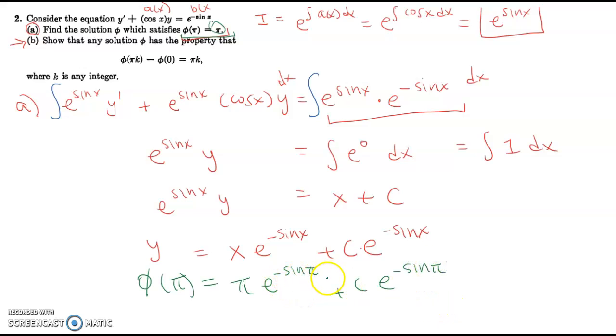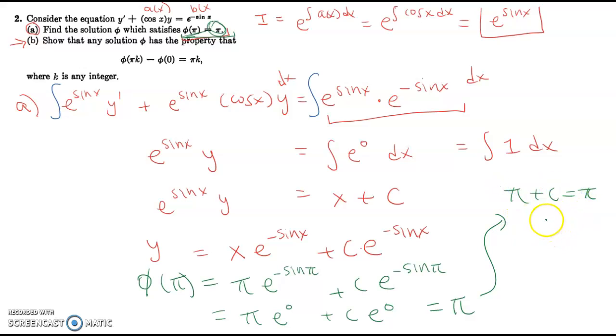We know that sine pi is 0. So this gives us pi e to the power of 0 plus c e to the power of 0. And we know that e to the power of 0 is 1. Also notice that after we plug in pi, our result should equal pi. So rewriting this, we have pi plus c equals pi, which gets us that the value of c, our constant, is 0.